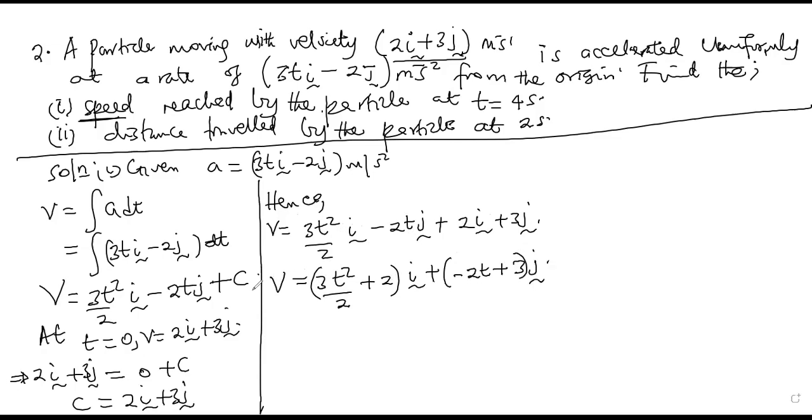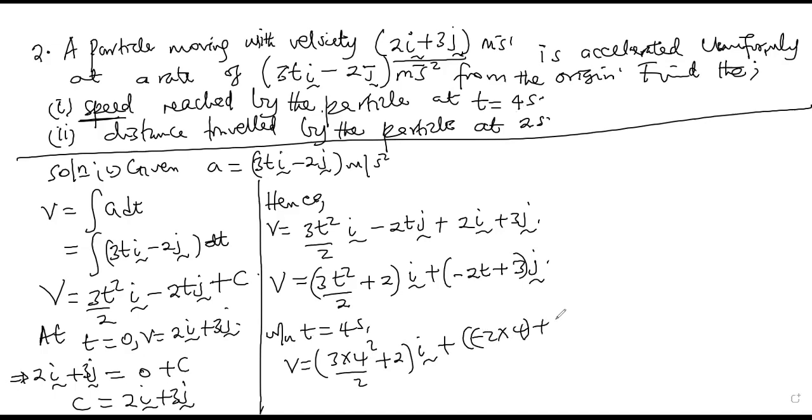That is our velocity. But they want it when time is 4 seconds. So when t is equal to 4 seconds, v is equal to 3 times 4 squared over 2 plus 2, everything i, plus negative 2 times 4 plus 3, everything j.